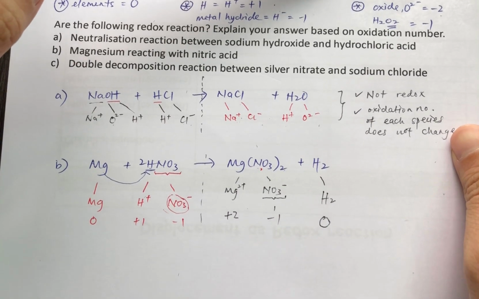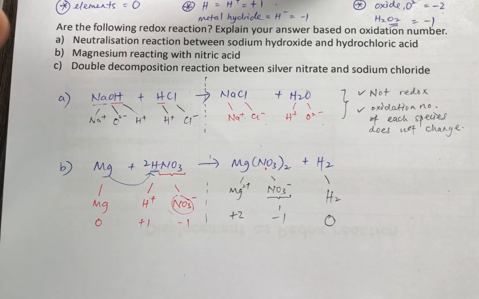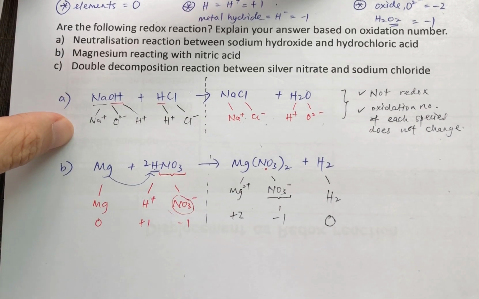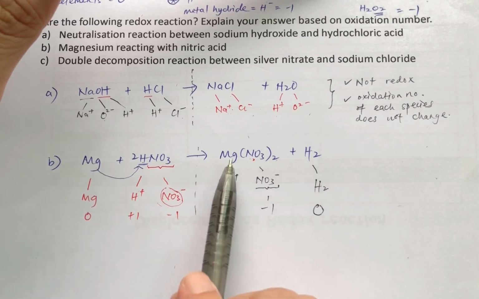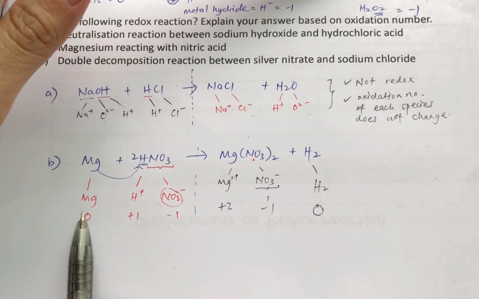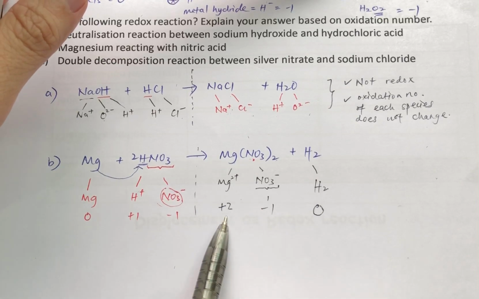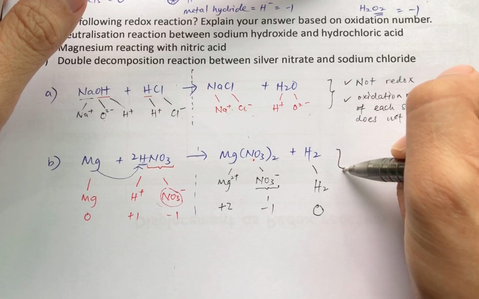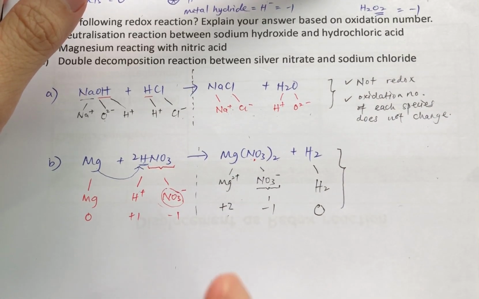Now, I'm going to match them one by one. So how do I match? I'm going to match Mg to Mg. Mg goes from Mg to Mg2+. The oxidation number changes from 0 to +2. The oxidation number increases, so it means oxidation.